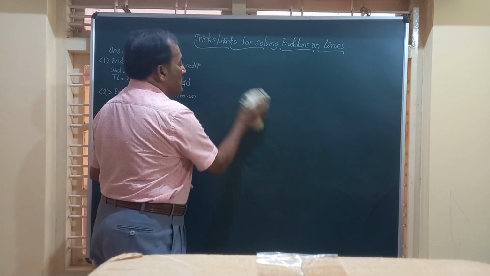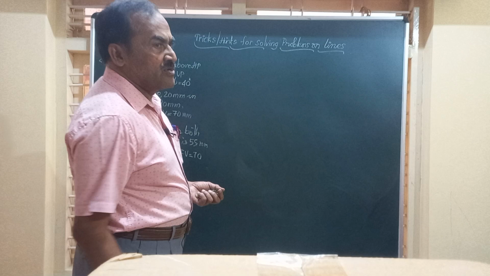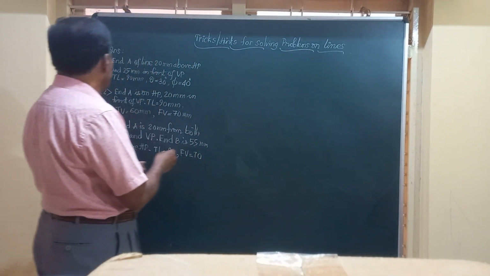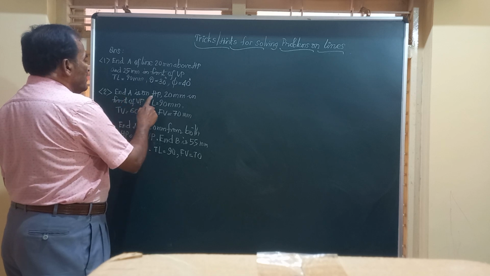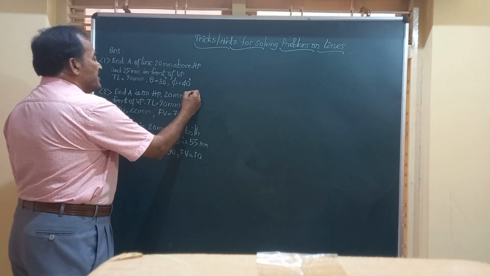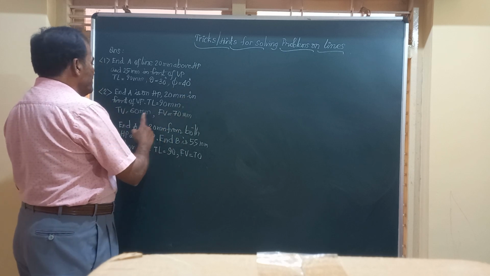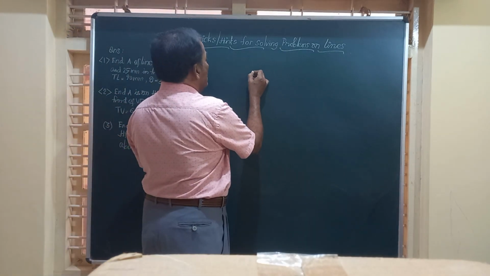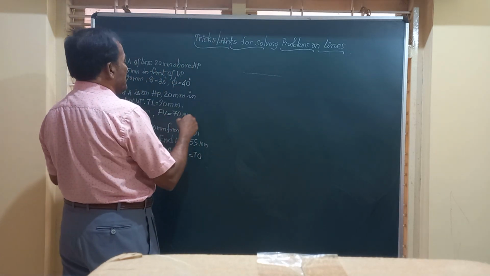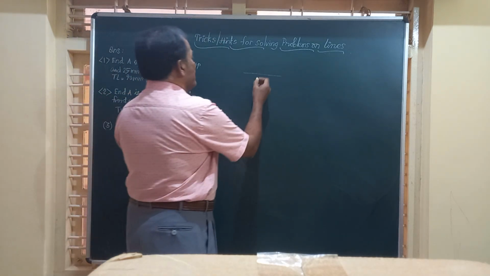Friends, now let us move on to the second question on the line. He says, friends, the end A of a line is on HP, 20 in front of VP. So I will simply mark this here. That is, we have a point which is on HP, 20 in front of VP.